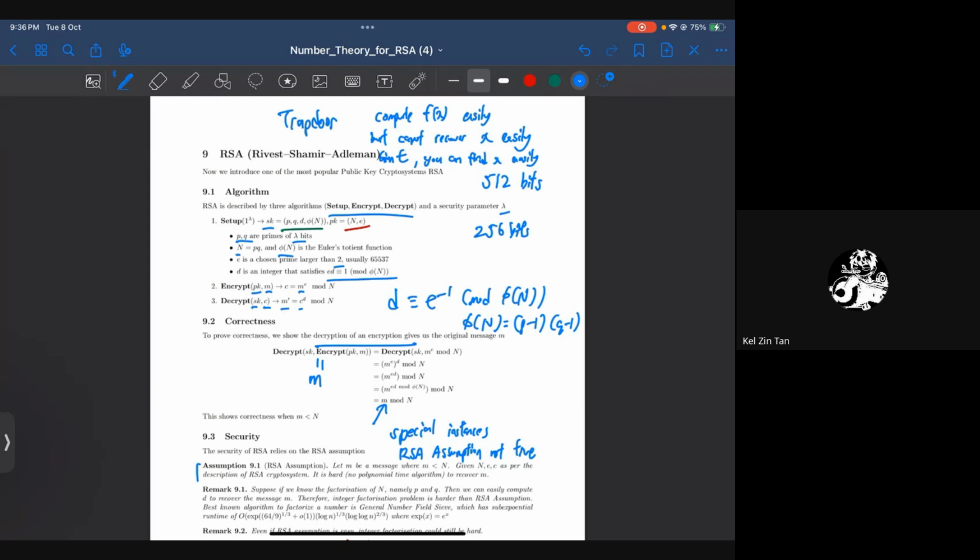We haven't really found any trapdoor function that is proven to be hard. We only found possible trapdoor candidates that are assumed to be hard, for example RSA. But we haven't found any trapdoor that is proven to be hard.